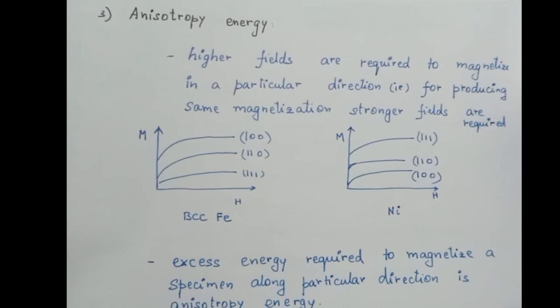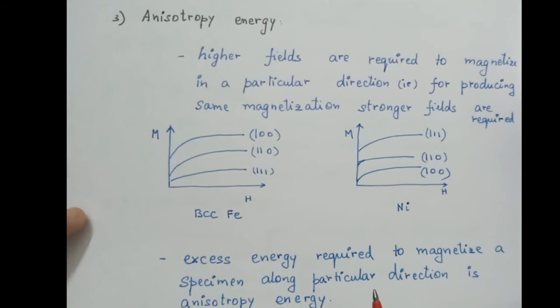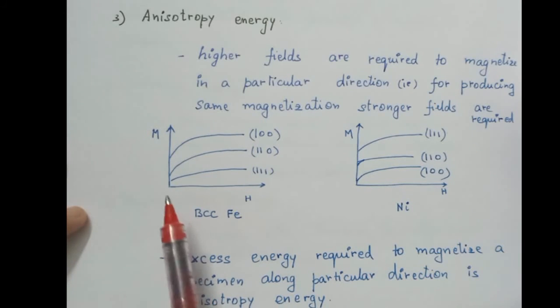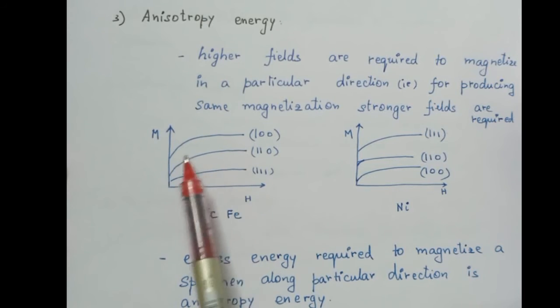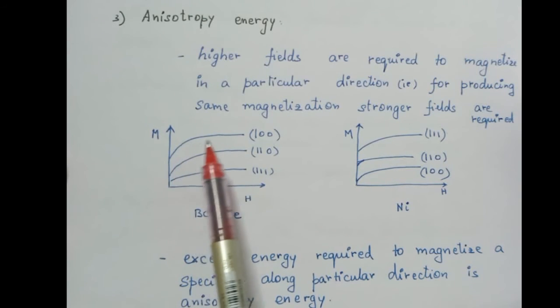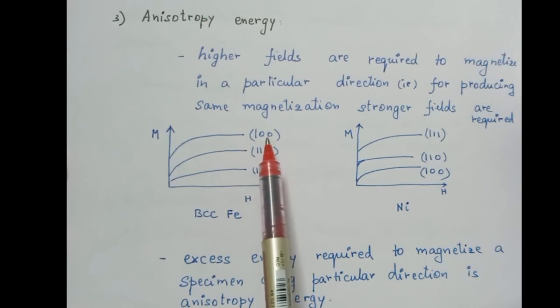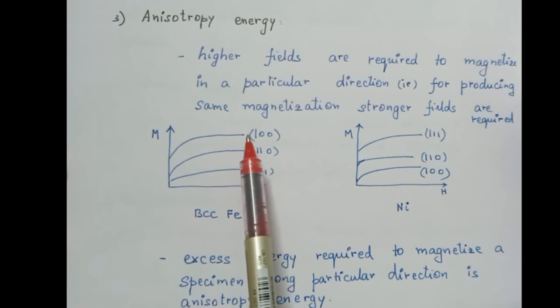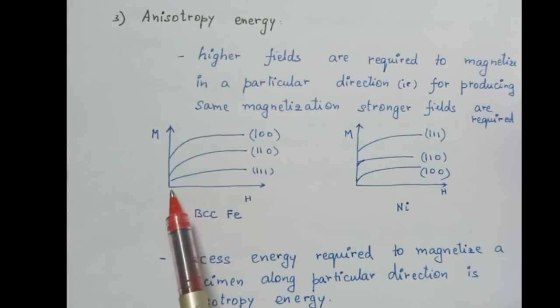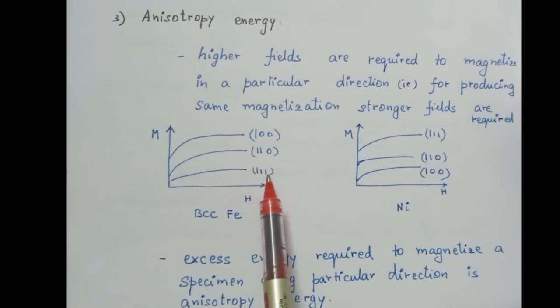Anisotropy energy. This arises because the field required to magnetize the material along different direction is different. For example, in case of BCC iron, 100 plane is easily magnetized for the same field compared to 111 plane.